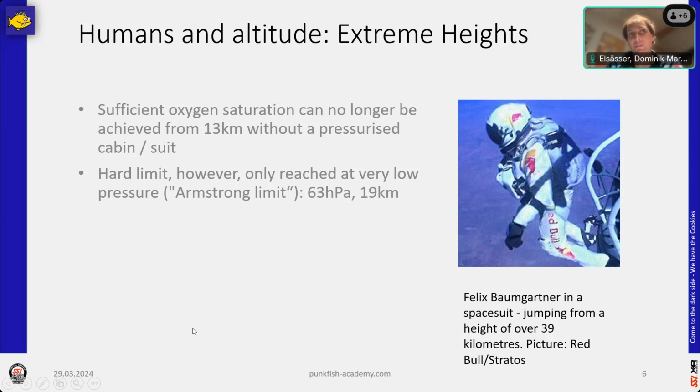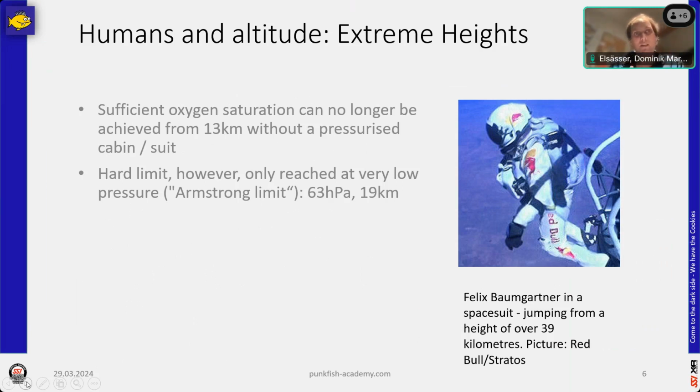And what is the minimal partial pressure of oxygen that we always have to make sure is in our breathing gas? Normally we would probably say 0.18 or 0.16 or so, because already below that you see a significant drop in performance and increase in risk. But normally we say in diving, if oxygen partial pressure should ever drop below 0.1 bars, that's an immediate danger to life and to loss of consciousness.